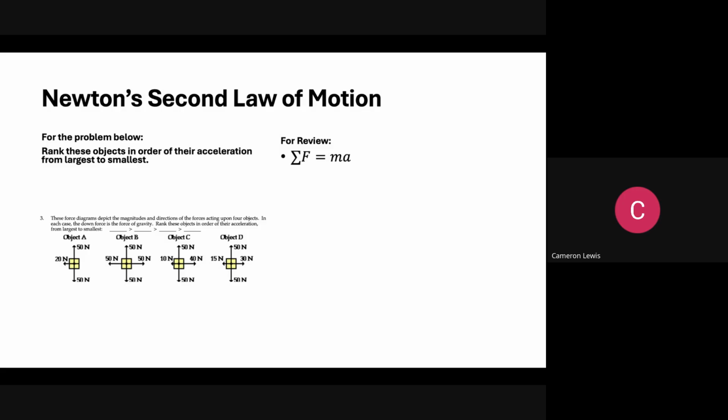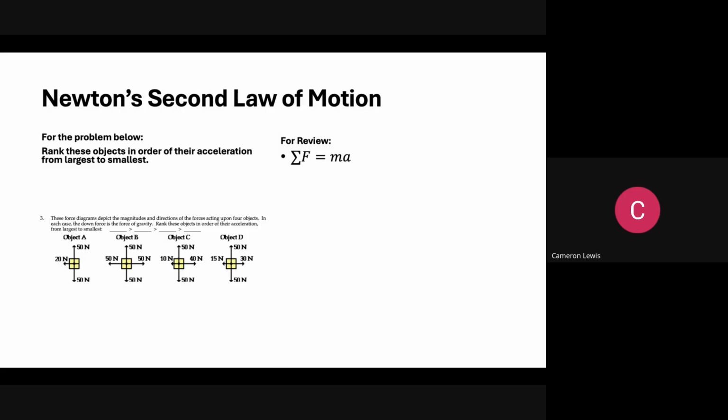If my laptop is on the table, then my forces are balanced, which means the sum of my forces is equal to 0. Now, for an object to accelerate, the forces must be unbalanced.